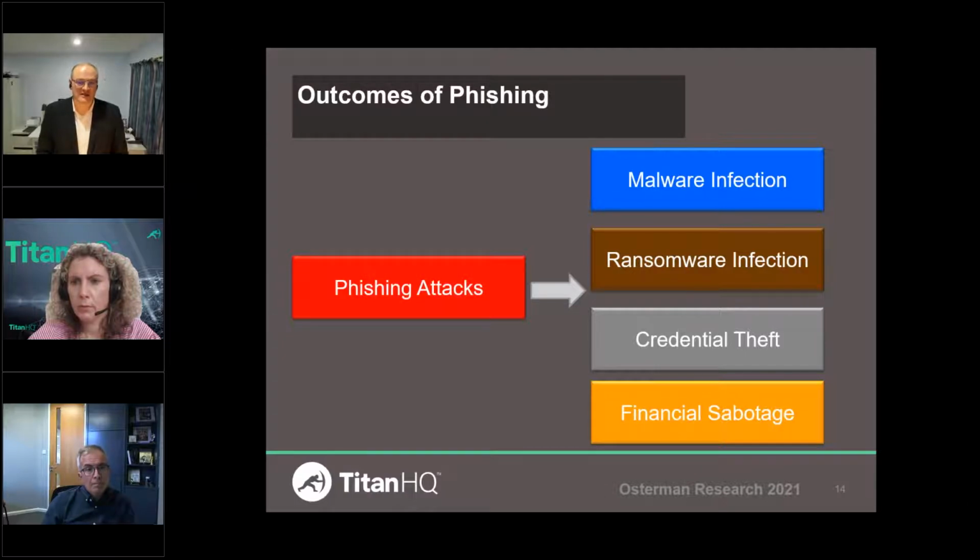And definitely over the last year or so, we've seen financial sabotage numbers in the hundreds of thousands of dollars per incident, and sometimes in the millions of dollars per incident. And the loss of that money can have a significant impact on an organization where the person in accounts payable just believes they're being responsive to a vendor and are doing the right thing, but actually have been tricked.